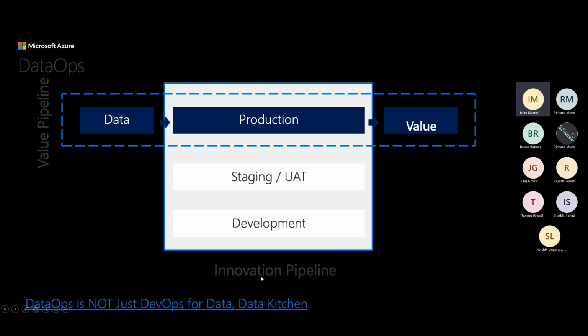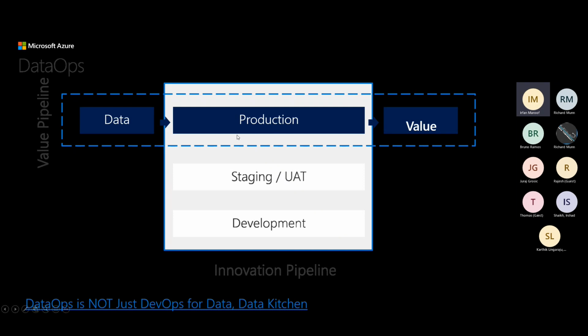In the innovation pipeline, it's your analytical pipelines that you develop. It's code. And in the innovation pipeline, you are using a sample of your data, and then you change some analytical pipeline and move it through the different stages where you develop it, test it, and then promote it into production.